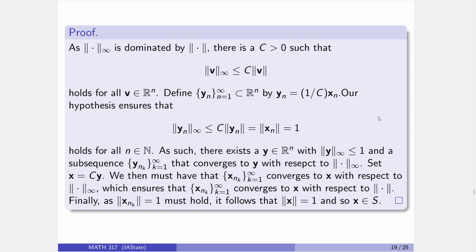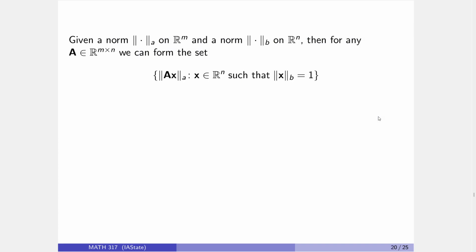So, hey, pretty sweet. With norm equivalence, we now see this convergent subsequence property is universal to whatever sphere you choose. And as we're going to see, it's going to help us a lot when we want to define the norm of a matrix.